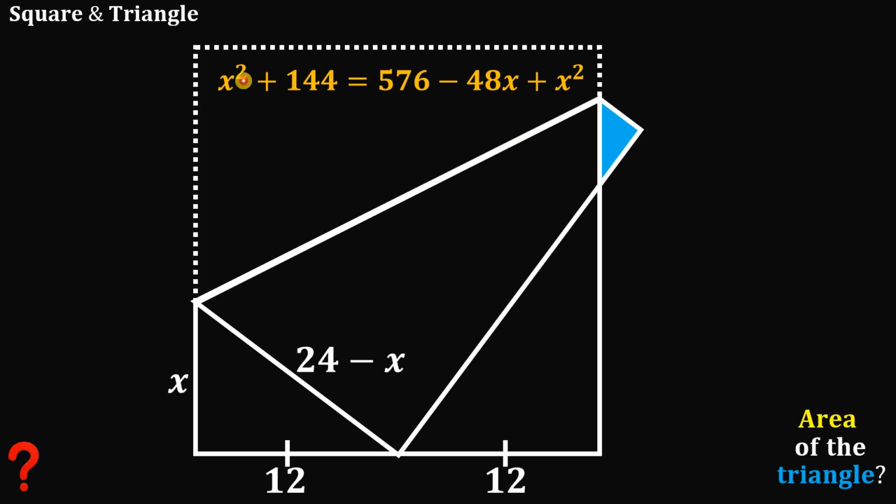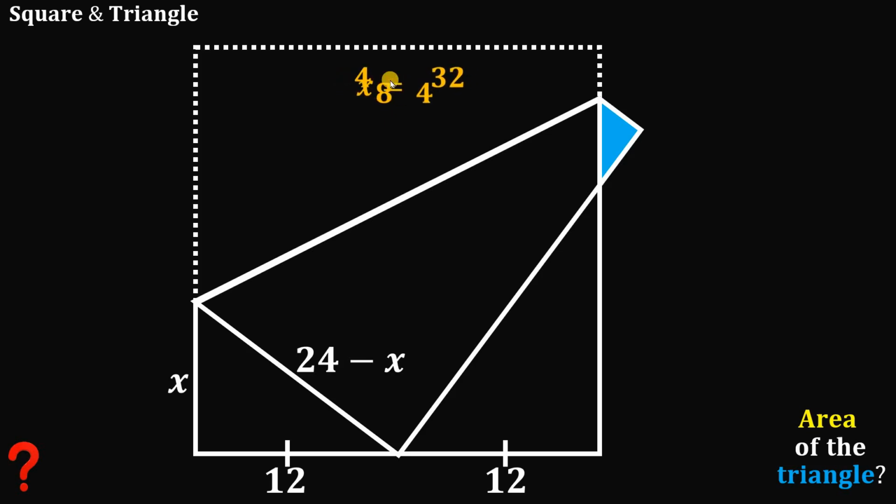Now, at this point, if we subtract x squared on both sides, the x squared on the left-hand side and on the right-hand side are gone. Now, rearrange some terms a little bit and subtract 144 on both sides. 576 minus 144 will give us 432.